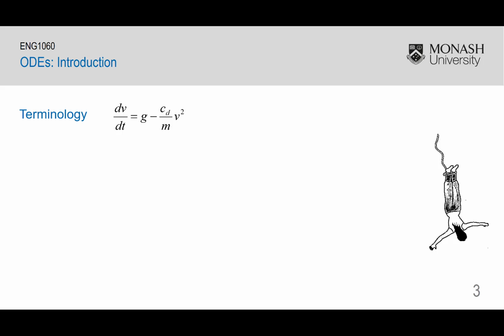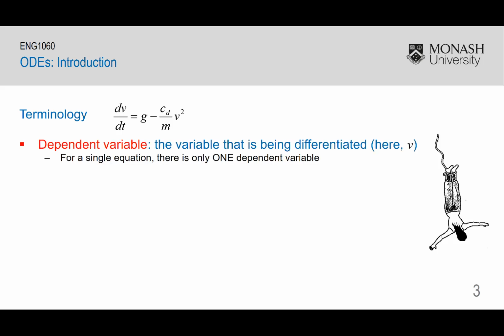So let's introduce a little bit of terminology. Let's go back to our example of the falling bungee jumper, where we saw previously that dv/dt was equal to g minus cd on m times v squared. If that's the differential equation that we have, we call the dependent variable the variable that is being differentiated, v.